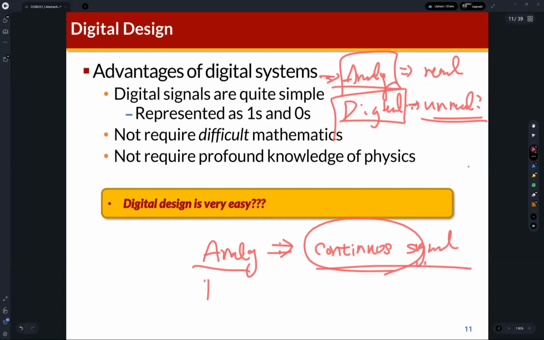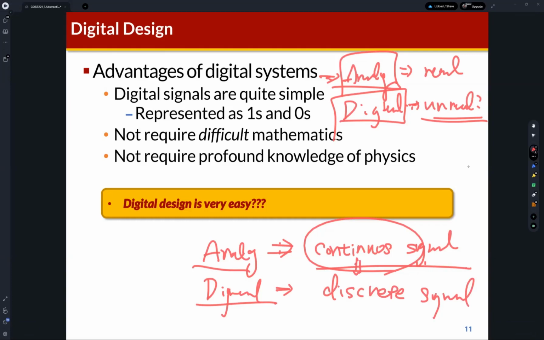Then what about digital? Digital systems handle discrete signals. The opposite term of continuous is discrete, which means that the signal values are not continuously changing.